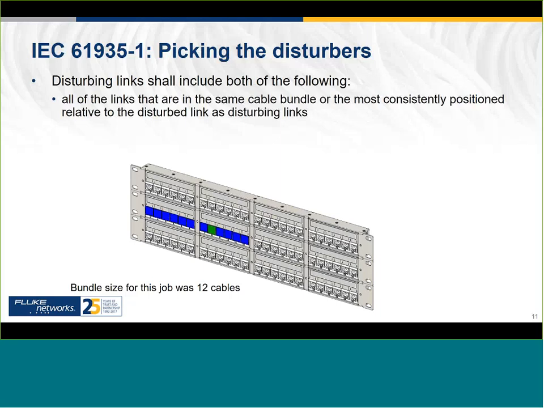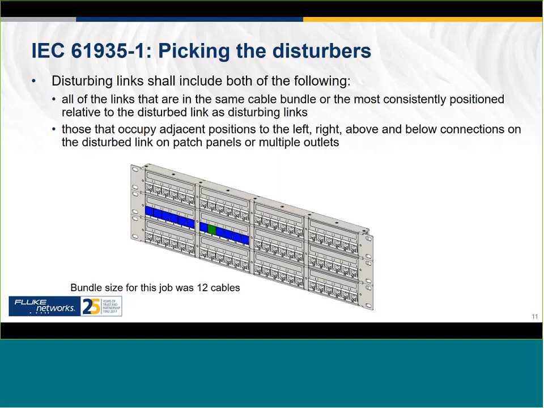So we have all the links in the same bundle, or the most consistently positioned relative to the disturbed link, as the disturbing links. And they're highlighted in blue there. Those that occupy adjacent positions to the left, right, above and below also have to be considered.